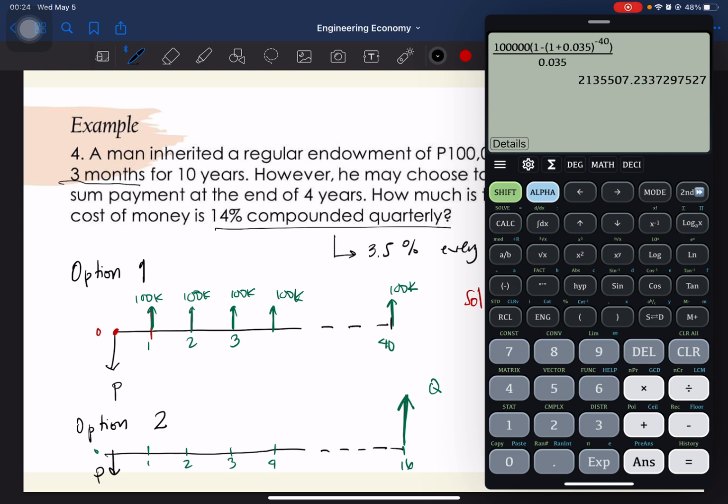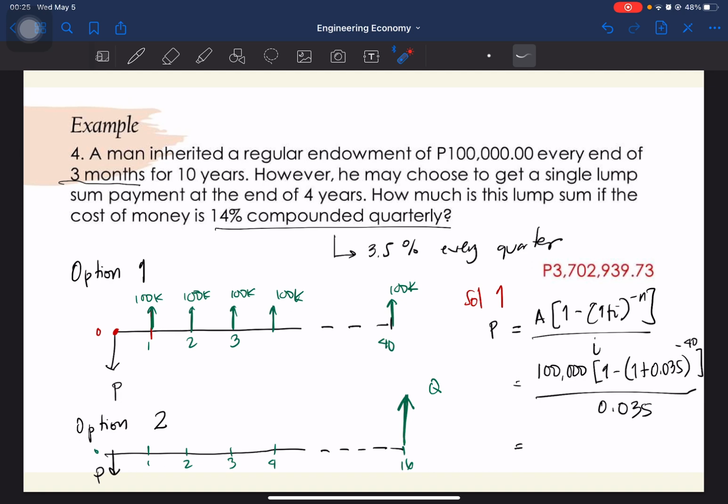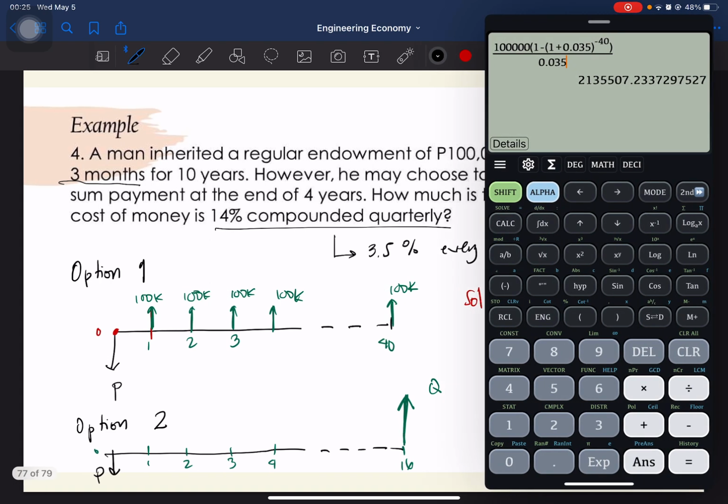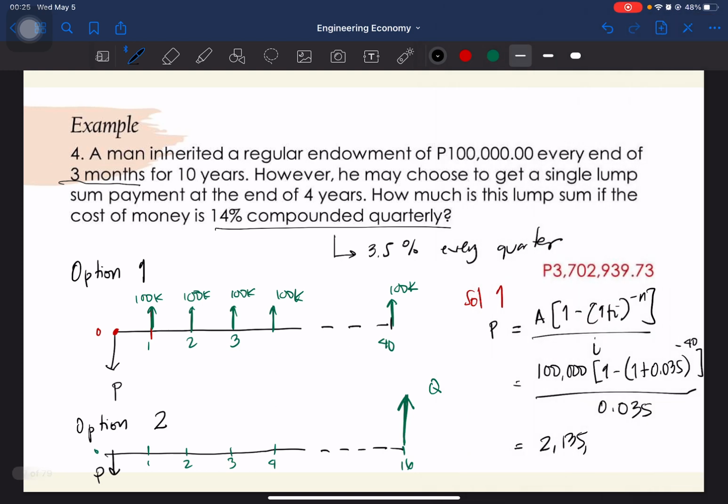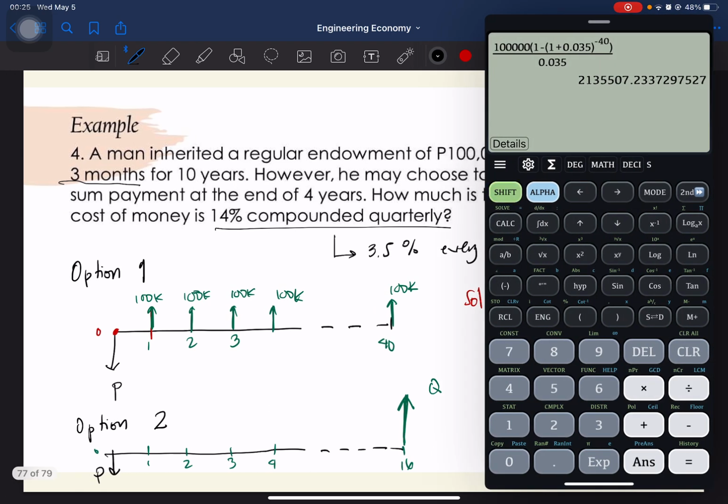Kung kukunin niya yan at the present time na pili niya, ay ayoko ng 100,000 per quarter, gusto ko ngayon na, kunin ko na lahat yan. If merong ganung option, ito yung amount na makukuha niya. 2,135,507.23 pesos. Okay? Let's store this to A.